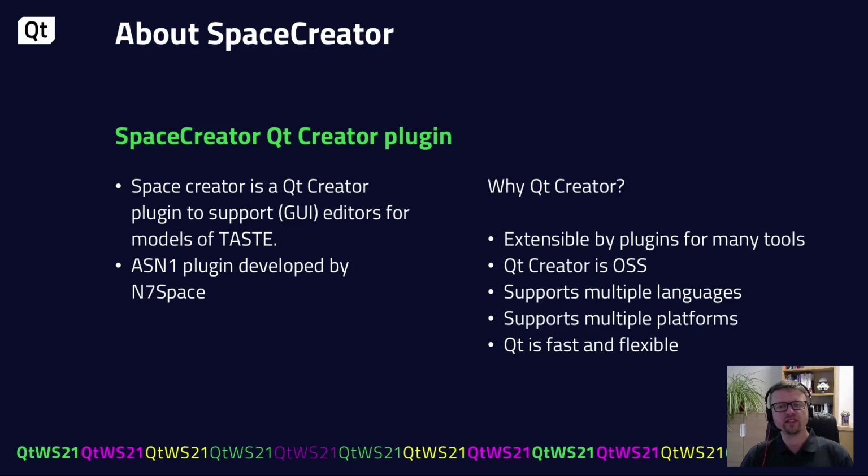QtCreator can run on multiple platforms, which is, as I will tell you later, not really a factor here for SpaceCreator or TASTE. And Qt is fast and flexible. There are some older tools and editors, and they are not that fast, not that flexible. So partly they are replaced by Qt-based ones.